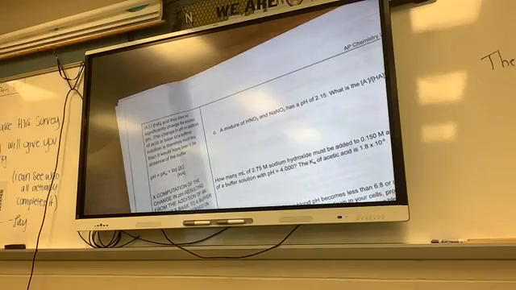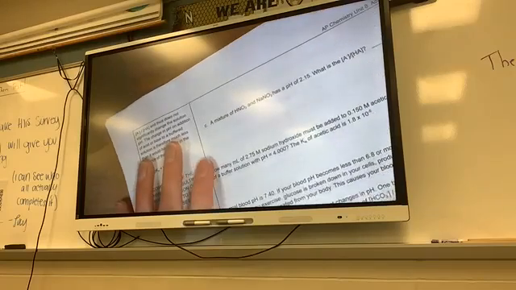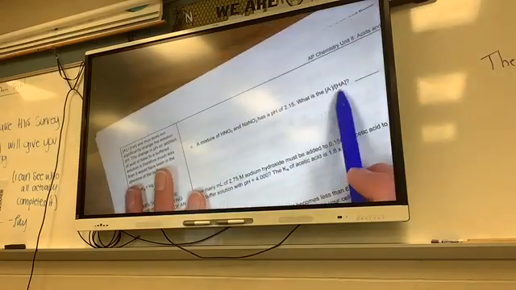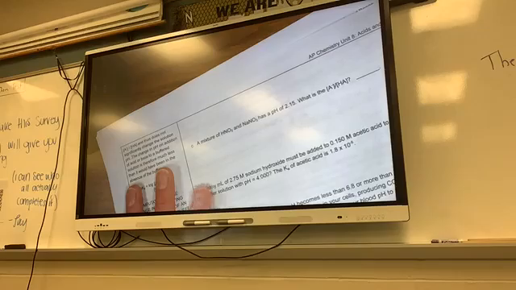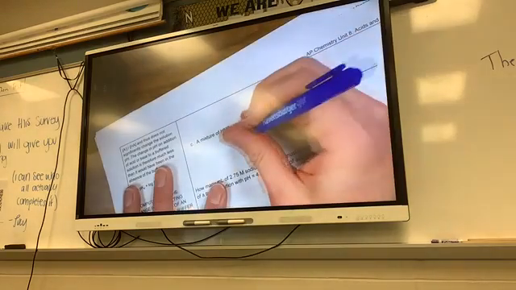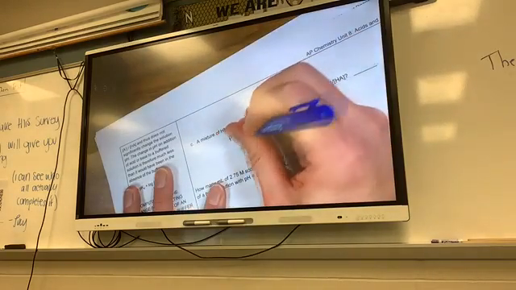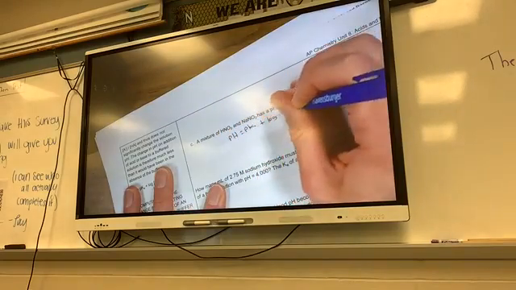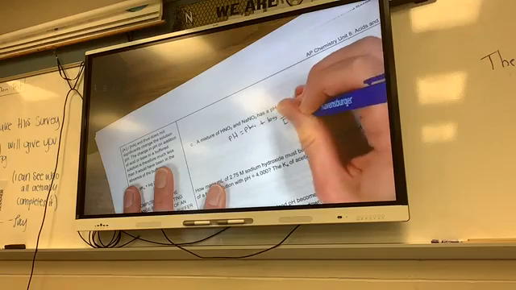Let's do C. A mixture of HNO2 and NaNO2 has a pH of 2.15. What's the A minus to HA ratio? Henderson-Hasselbalch: pH equals pKa plus log of A minus over HA.